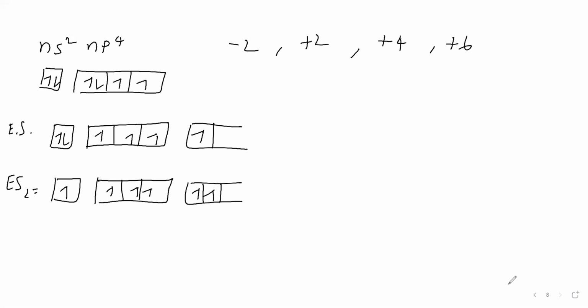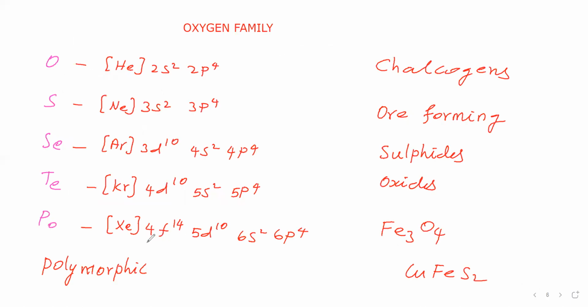Now, what about the stability of these? We will see the stability of +4 and +6 down the group. +4 stability increases down the group, +6 stability decreases down the group. Why does +6 stability decrease? Because 4f14 is there in polonium.